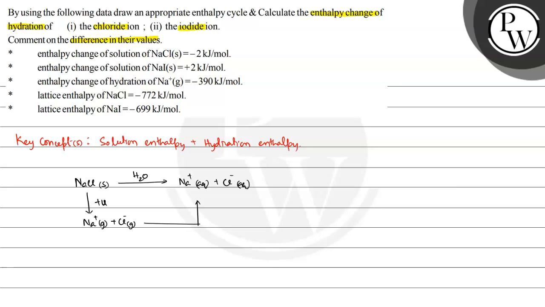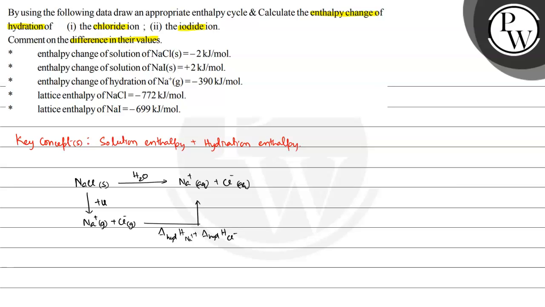So delta hydration Na plus plus delta hydration Cl minus. So here this will be the hydration enthalpy H of Na plus.